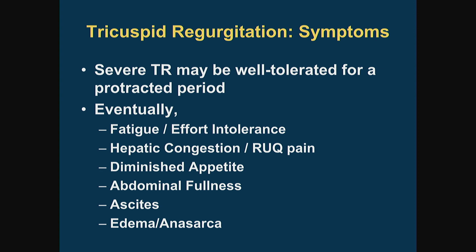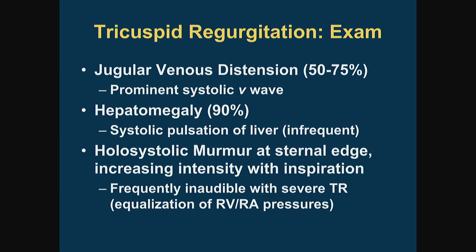Patients exhibit symptoms of fatigue and effort intolerance, eventually symptoms of hepatic congestion that may result in hepatomegaly, capsular stretch, and then right upper quadrant pain. In patients with significant right heart failure, there may also be evidence of diminished appetite and abdominal fullness or ascites. And patients may also have evidence of peripheral edema and anasarca. The presence of all of these indicates profound right heart failure and should initiate some consideration of whether there is a need to intervene to manage tricuspid valve regurgitation.